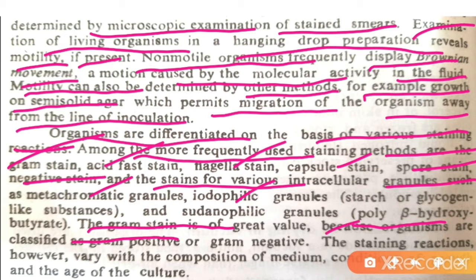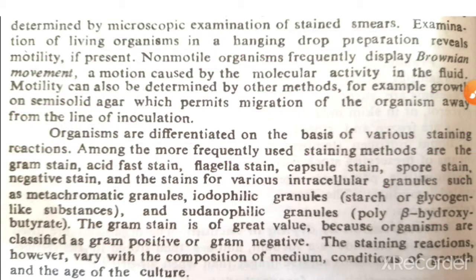The staining reactions, however, vary with composition of the medium, conditions of growth, and the age of the culture. So for the morphological identification, first we have to do the staining of that bacterial culture, and then we can conclude whether the bacterial cell is gram positive or gram negative, whether motility is there or not, capsule is there or absent, etc.